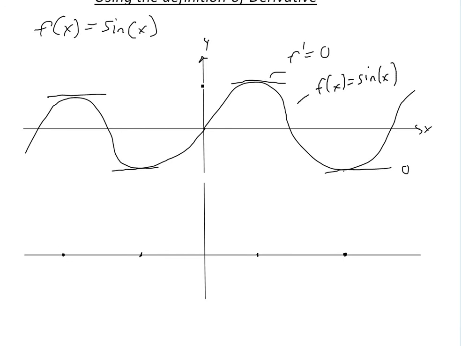And then at this point here, this slope right here, we have something like rise over run, right? So this one will be sine x over x, but the sine x here is 0. So the rise and the run are both roughly 0.